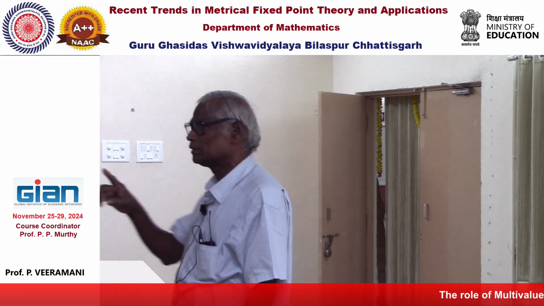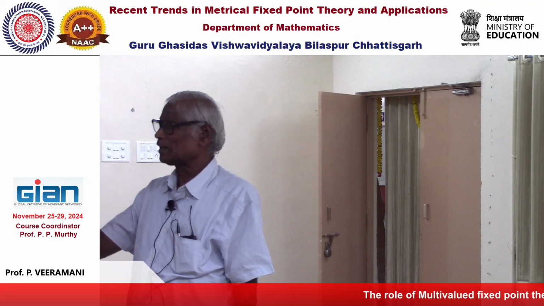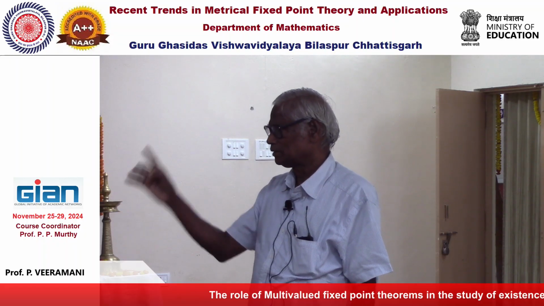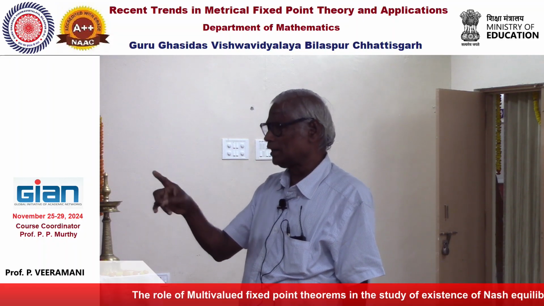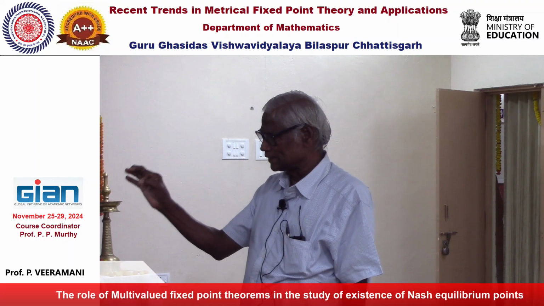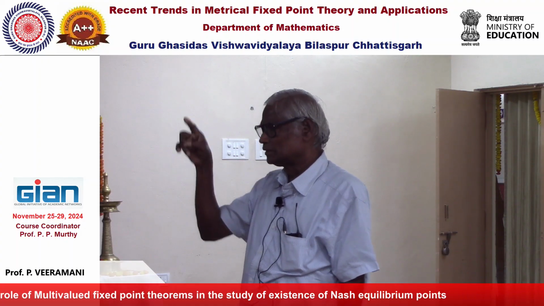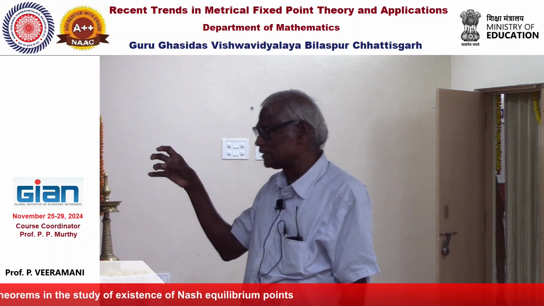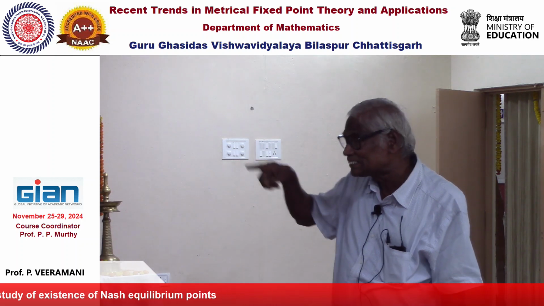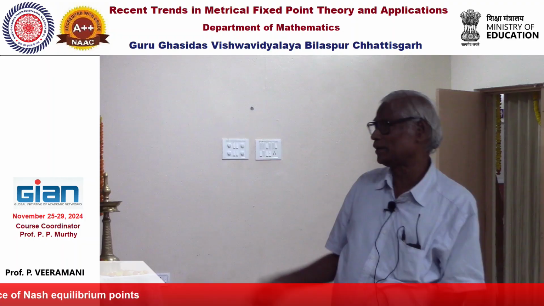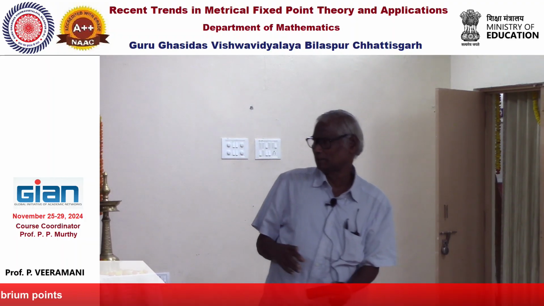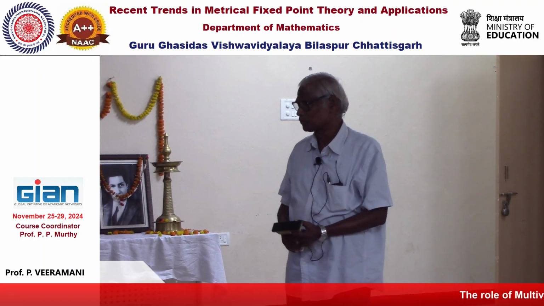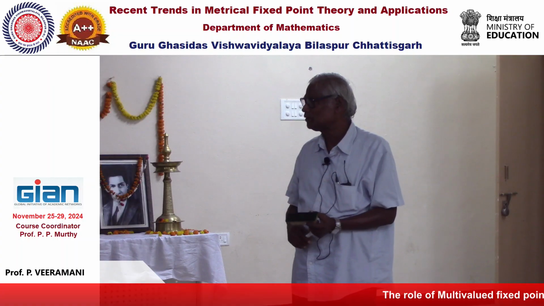Our main interest is a domain K that is closed, bounded, convex, and a map T from K to K such that the norm of Tx minus Ty, that means the distance between Tx and Ty, is less than or equal to the distance between x and y for all x, y in K. Then such a map is called non-expansive. Whether this map is non-expansive?